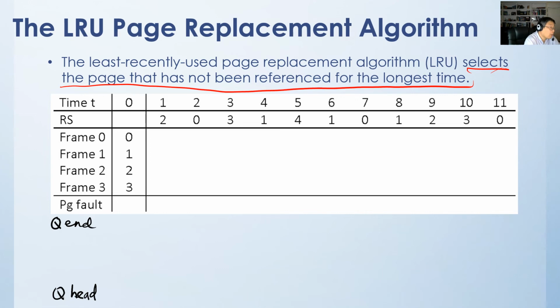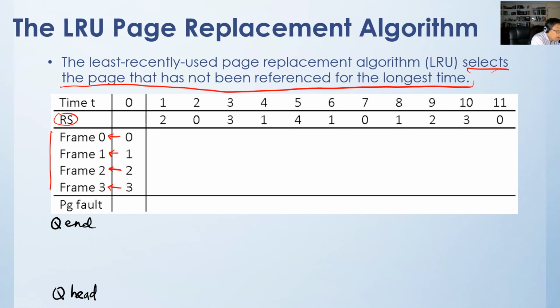Now we will talk about the logic behind the LRU, but we first talk about what is LRU and how we can run the LRU. Again, we have a physical memory which contains 4 frames, and initially page 0 is loaded into frame 0, page 1 loaded to frame 1, and page 2 loaded to frame 2. Here's the reference string.